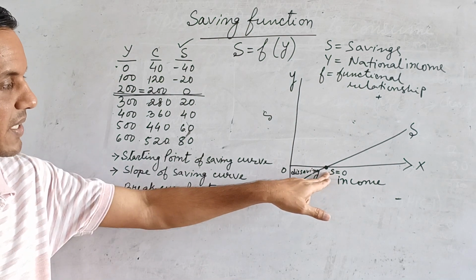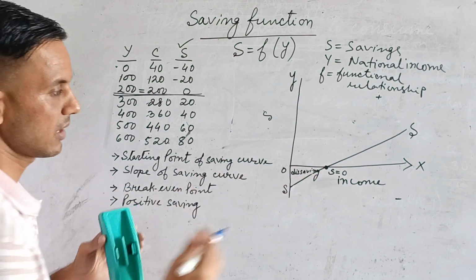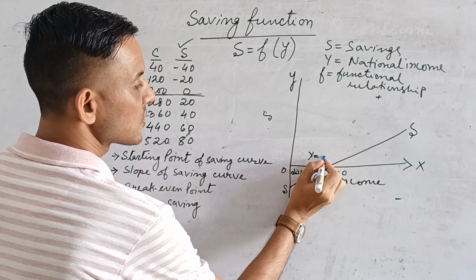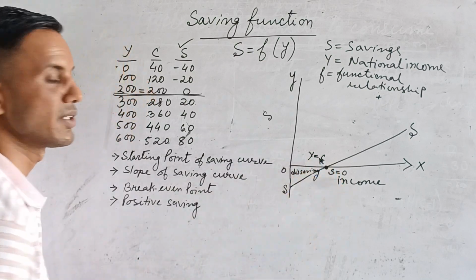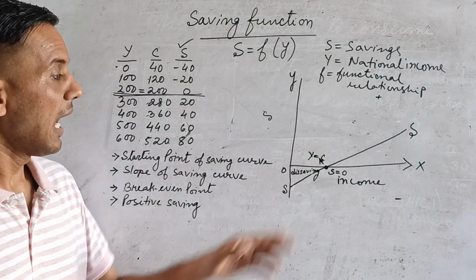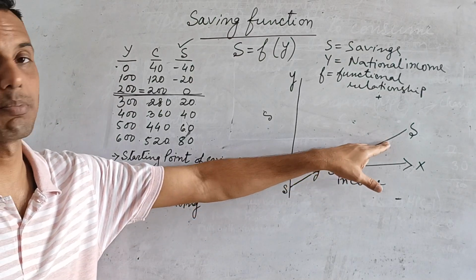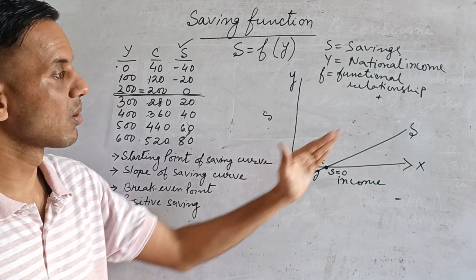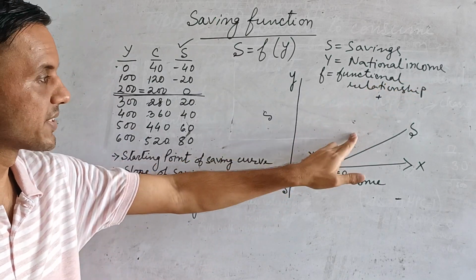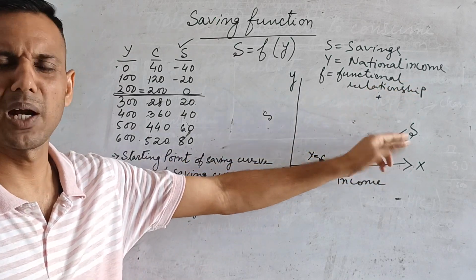So see here, savings is 0. It means Y is equal to C; consumption is equal to income. After this break-even point only, saving is positive. So see, it slopes upward. This is the derivation of the saving curve. Very simple.